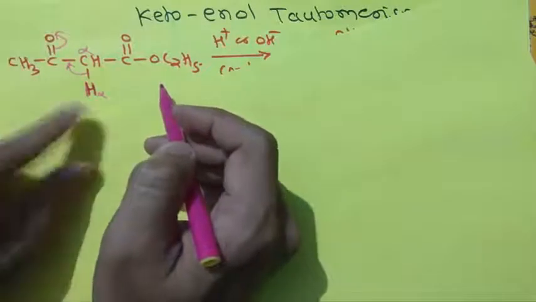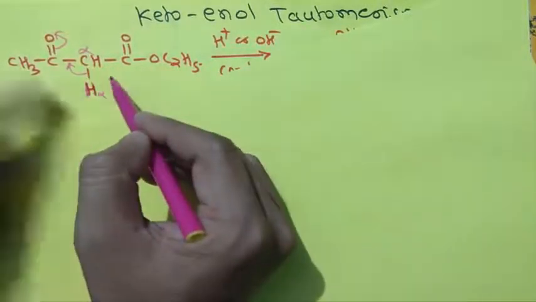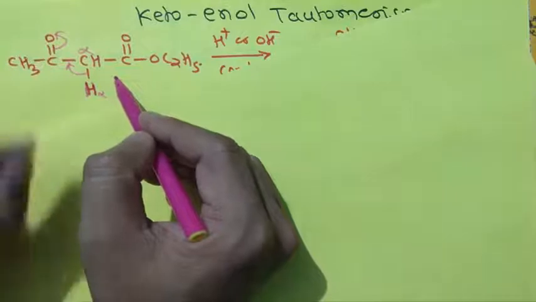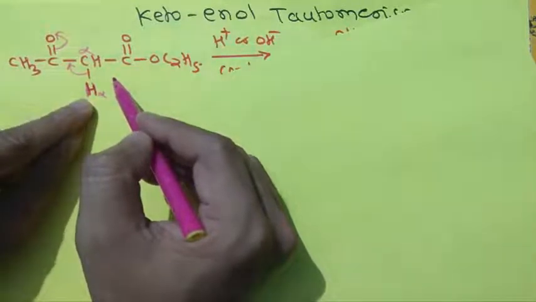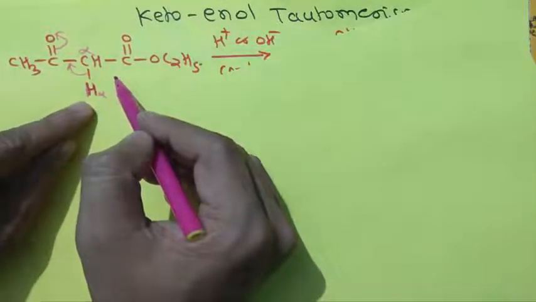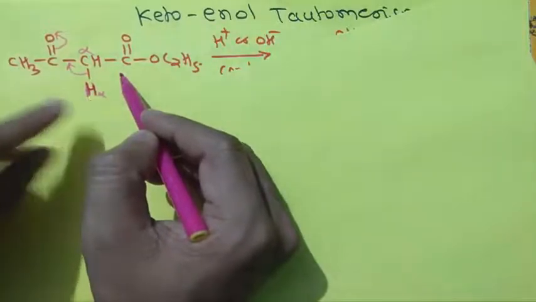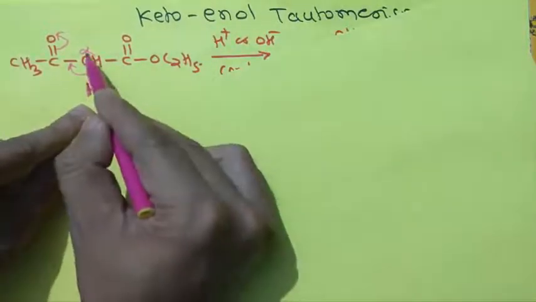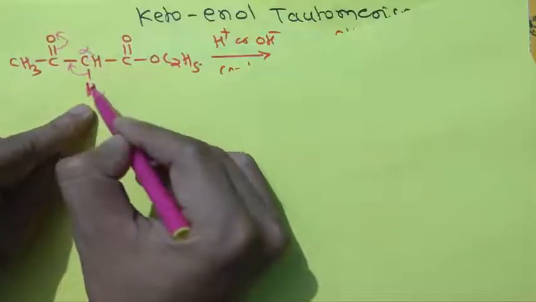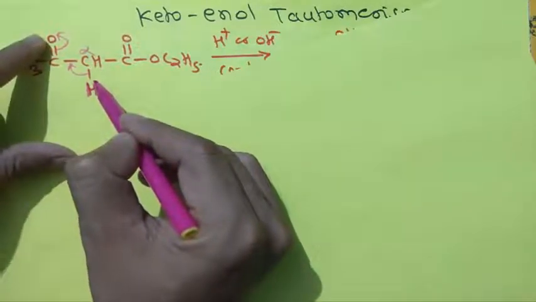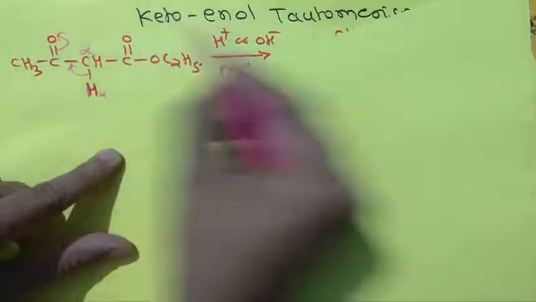The migration, transfer, or movement of protons from the alpha carbon atom towards the carbonyl oxygen atom is called keto-enol tautomerism.